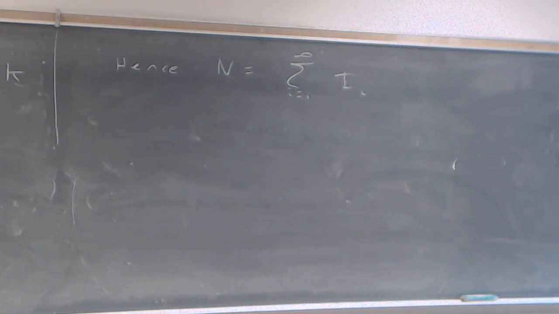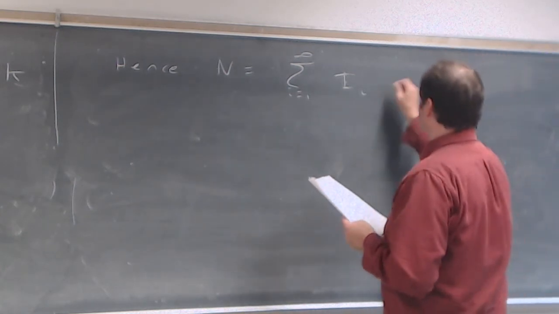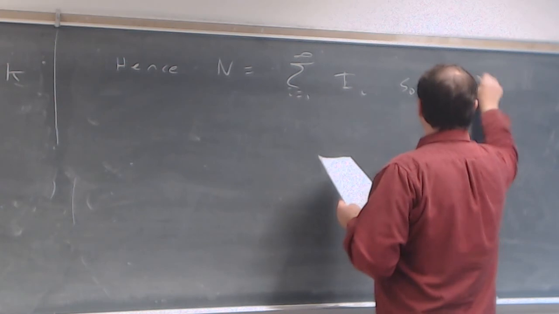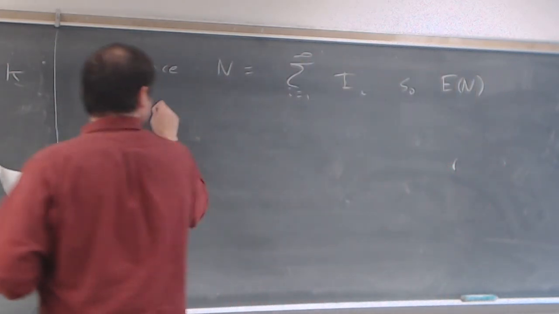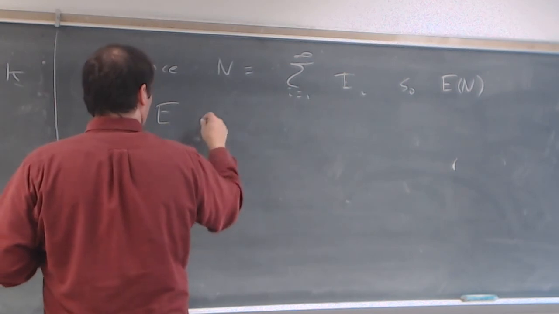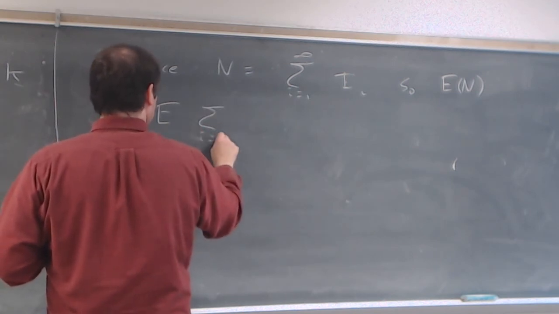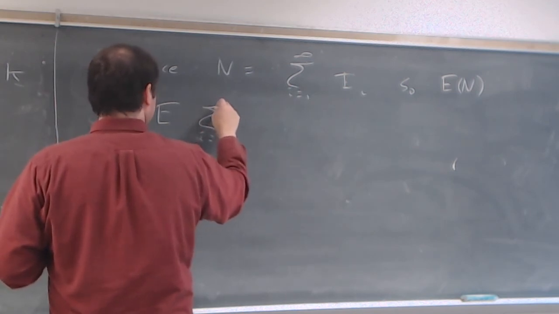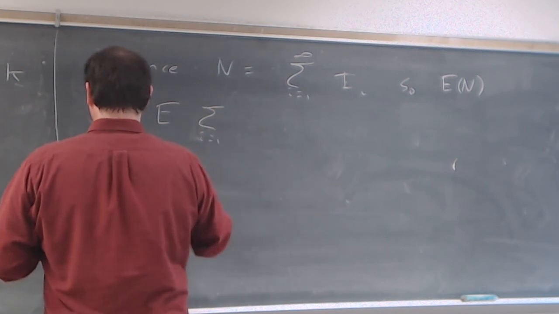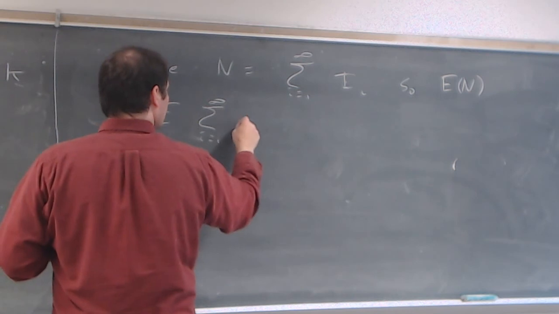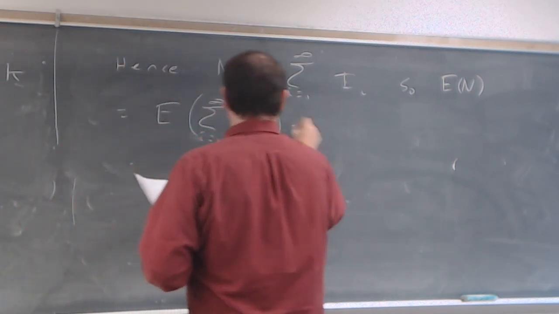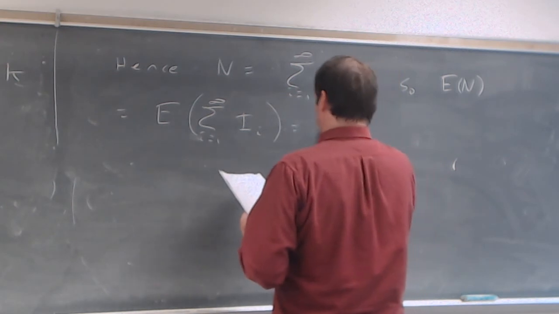Okay. So the expected value is equal to the expected value of the sum as i runs from 1 to infinity of the I sub i's, and of course we can bring the expected value inside the sum.